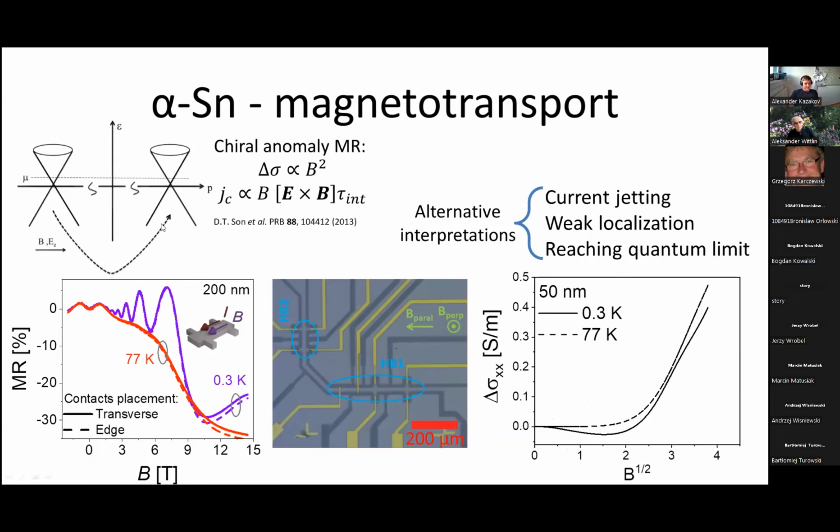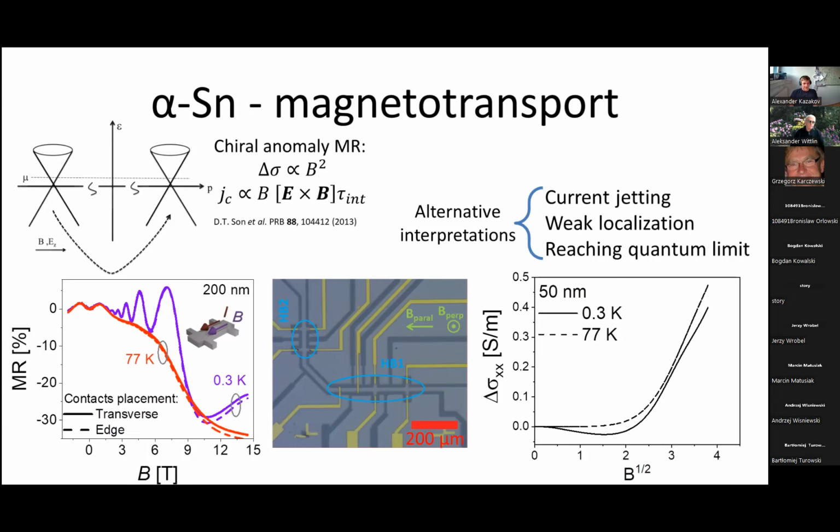So the chiral anomaly effect is expected for Weyl semimetals, because an in-plane magnetic field induces some additional current, the so-called axial current, which depends on both magnetic field. This additional axial current manifests itself as a positive contribution to the conductivity.